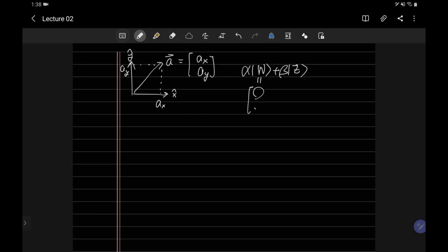This might have some components, and this one also has some other components. Then each is multiplied by a scaling factor, and their summation will turn out to be another column vector. We know that the summation of these two kets will turn into another ket, which aligns with the definition of the vector space.